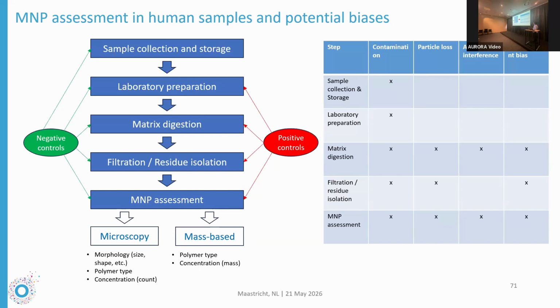There could also be analytical interference because of residues of digestion chemicals or biological material, especially relevant to mass-based methods like pyrolysis GC-MS. And there could also be measurement bias, mostly concerning digestion, for example selective polymer degradation, filtration, for example clogging issues, and the micro nanoplastic assessment process, for example due to spectral mismatching or polymer misidentification.